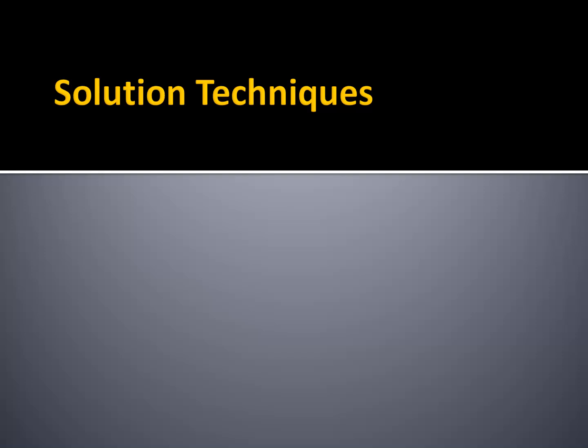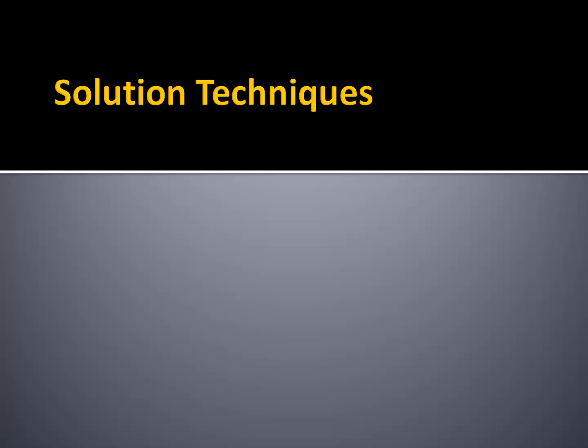Okay, our last topic on finite difference method is solution techniques. So, as I mentioned, the basic idea of the finite difference method is you develop an equation for the head at every node. The way we formulate that equation is we reference the head at the adjacent cells, and we do it in such a way that the governing equation is satisfied.